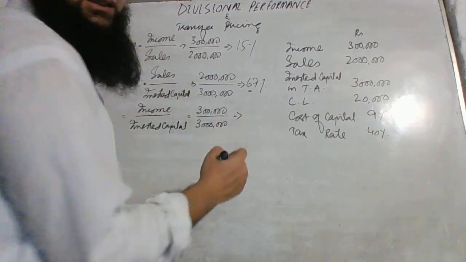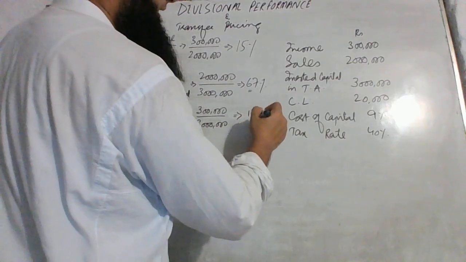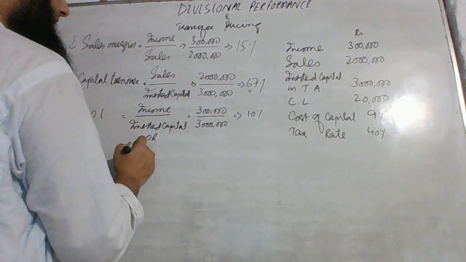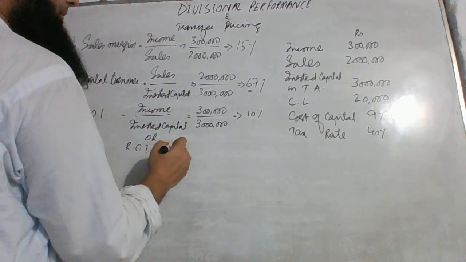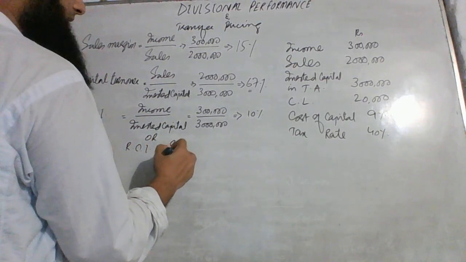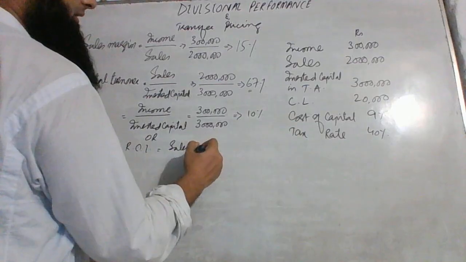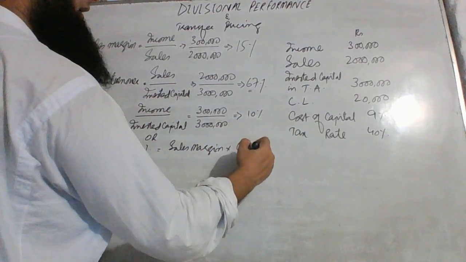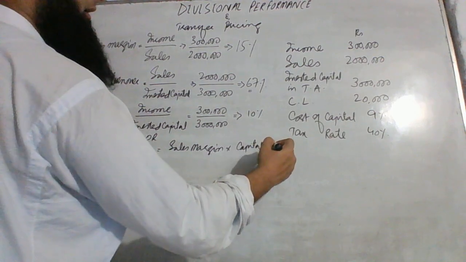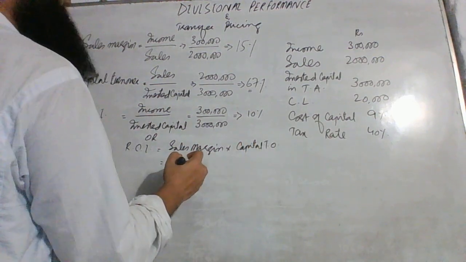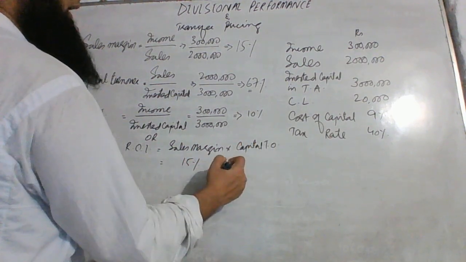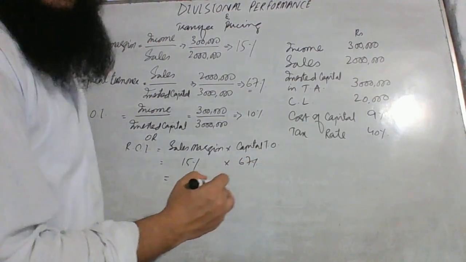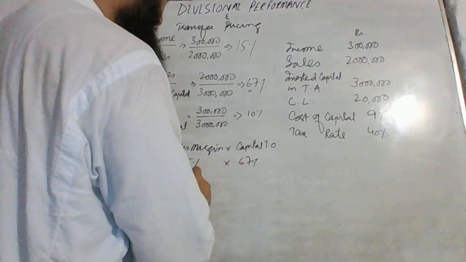It means it is 10%, or in other formula, ROI can be calculated by sales margin multiplied by capital turnover. Sales margin is 15%, while the capital turnover is 67%. The result would be the 10%.